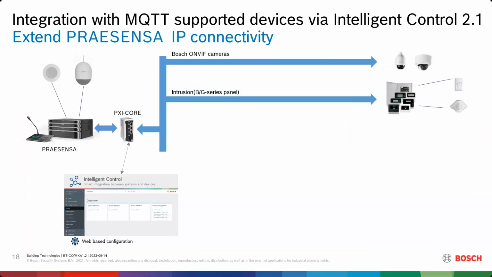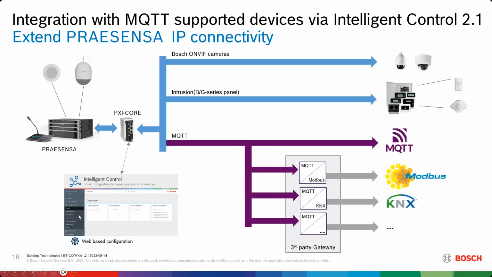So how does it look in this schematic here? You have the PXI-Core again, where you have multiple devices connected as shown in the previous slide. You could have cameras, intrusion panels, PA systems like Praesideo or PRAESENSA, and you have your intelligent control app doing the logic in between.